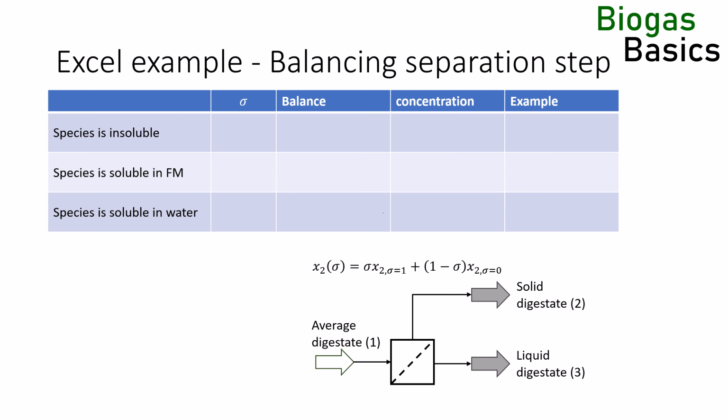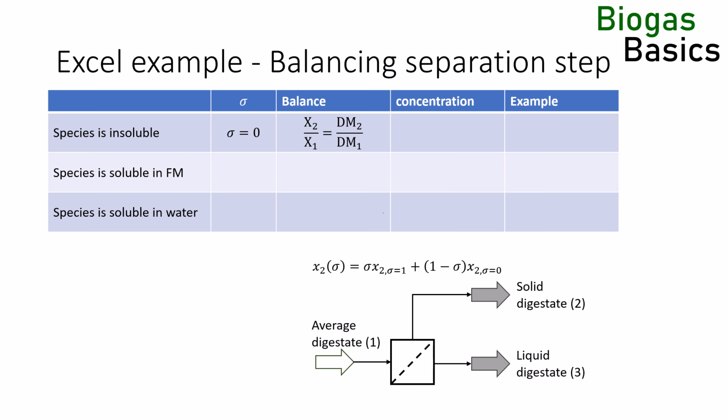The table shows 3 extreme scenarios. An insoluble species in the first row, a species soluble in fresh matter in the second row, and a species soluble in water in the third row. For the insoluble case, sigma is 0. The mass flow of species X is indicated with a capital X. In the insoluble case, the ratio of the mass flow of X in the solid digestate to the mass flow of X in the average digestate is the ratio of the dry matter streams in the solid digestate to the dry matter stream in the average digestate.